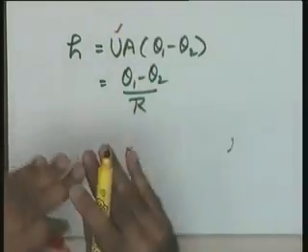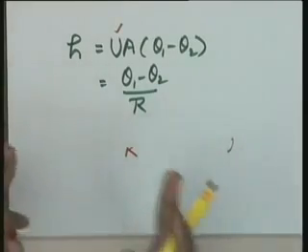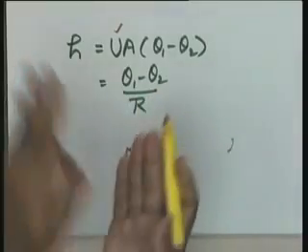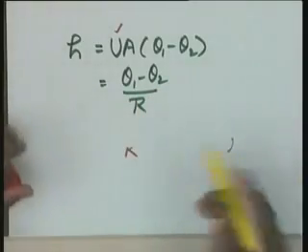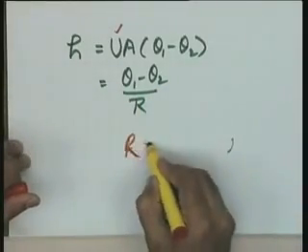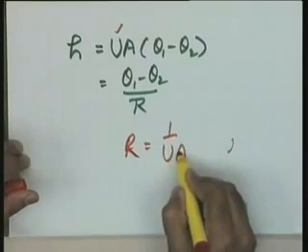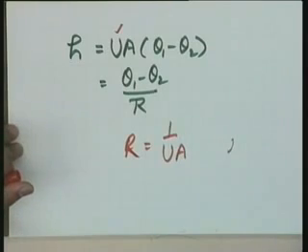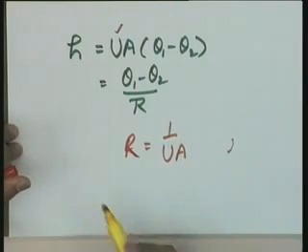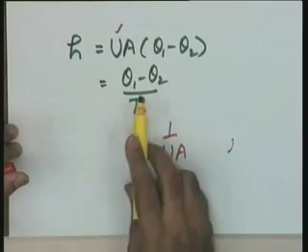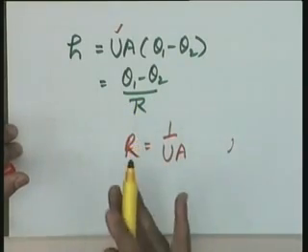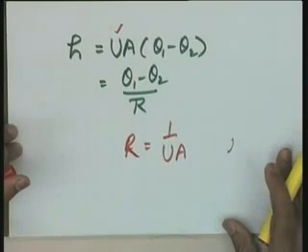U is the film coefficient at the solid liquid interface. A is the surface area of contact, and I am now taking R equal to 1 by U A, the convective heat transfer resistance. So, the basic equation now becomes H equal to theta 1 minus theta 2 divided by R whenever the convective process is going on.